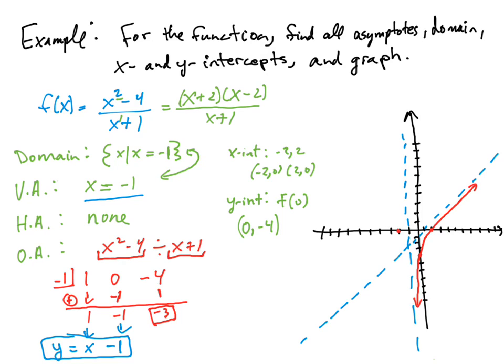Because I have this section of the graph in the bottom right portion here, that tells me I have no graph in this upper section, because if I did, that function would not pass the vertical line test. We know also that the graph is over here because we have that x-intercept. So the graph is going to come down like this. So those are the 2 parts of this graph.